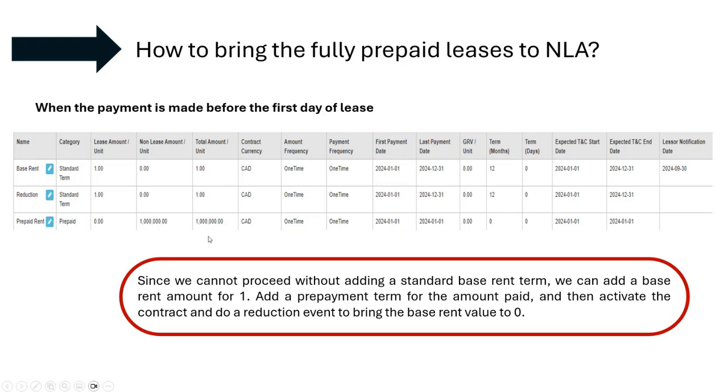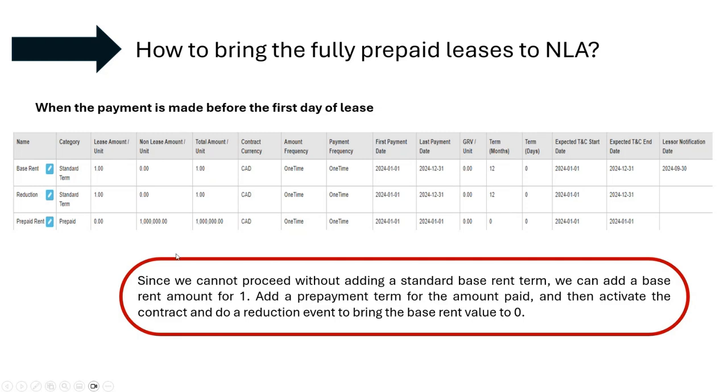And then we can activate the contract. Once the contract is activated, we can do a lease modification and add a reduction at the start of the term for $1 to offset the base rent.